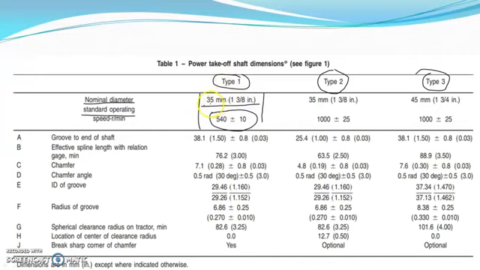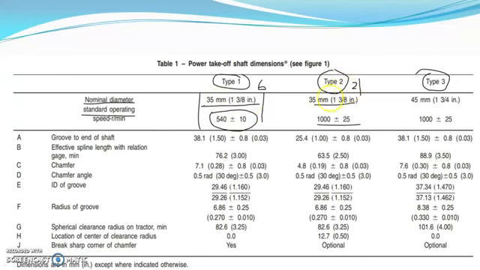Type 1 has 35 millimeter and according to the speed 540 plus minus 10, splines will be 6. Type 2 is also 35 mm, 1000 RPM, and here it will be 21 splines. Here 6 splines. You should remember the 6 spline, 35 mm and 540 rpm.